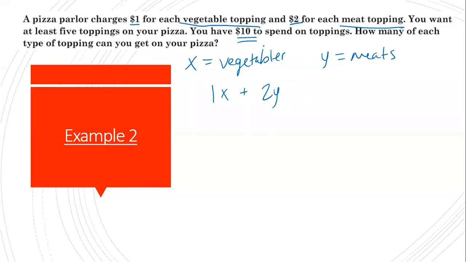I have only $10 I can spend. So I can spend either less than or equal to $10. Okay. And then I also have a specific, I want to get the most bang for my buck. I want at least 5 toppings on my pizza. So I know that X plus Y has to be greater than or equal to 5.